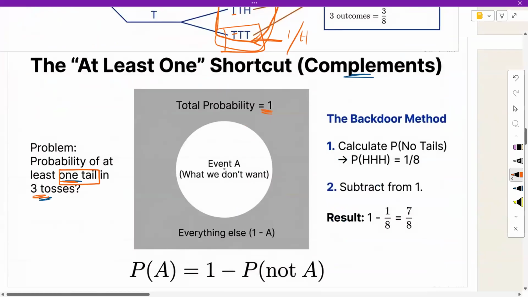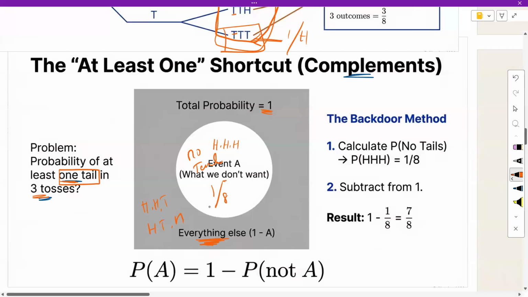Here, we define event A as getting exactly 3 heads. It means no tail. That's what we don't want, so the probability of this is 1 over 8. Then this is everything else. Here it may be head, tail, head, tail, head.